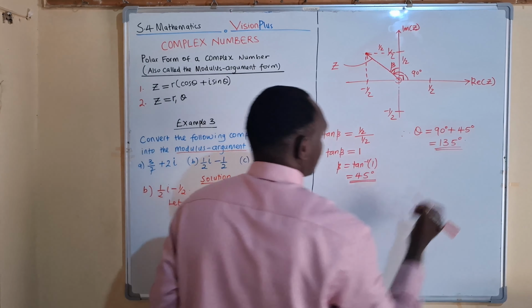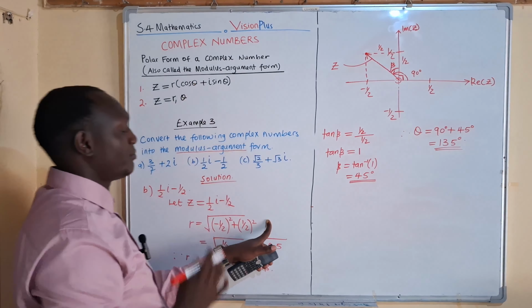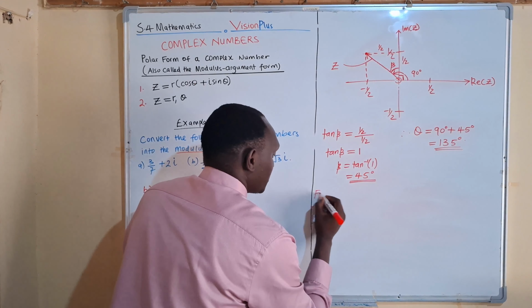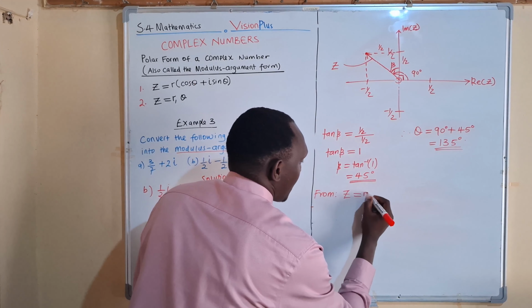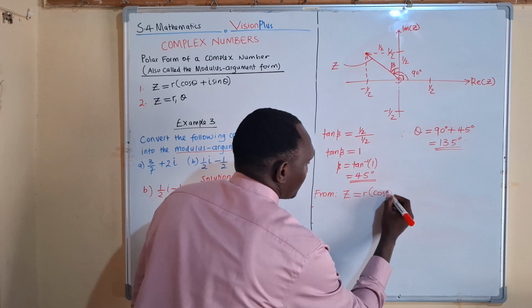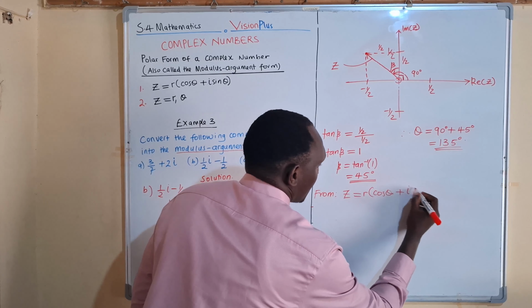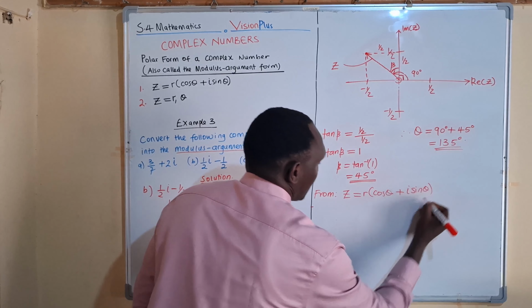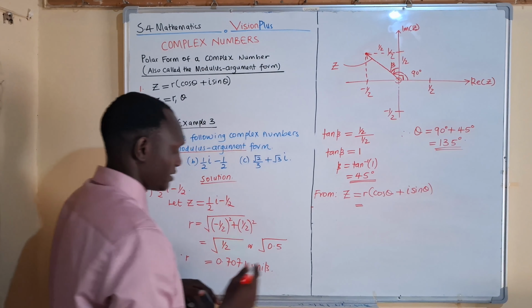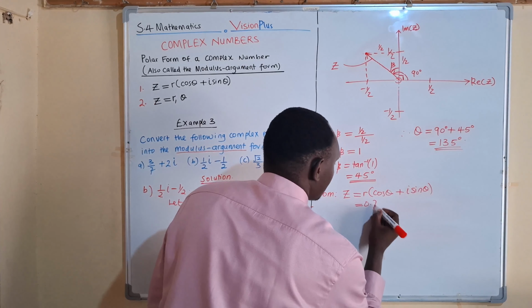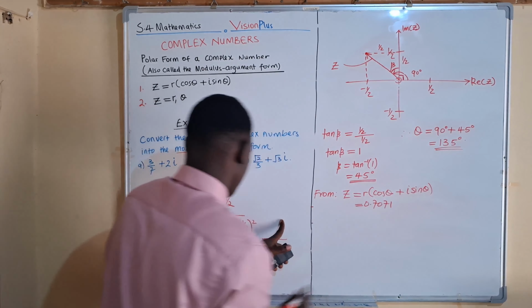This is the argument. Then you come to the polar form, because we know that the polar form is r into the cosine of angle theta plus i sine of theta. This means that what is the value of r? 0.7071.